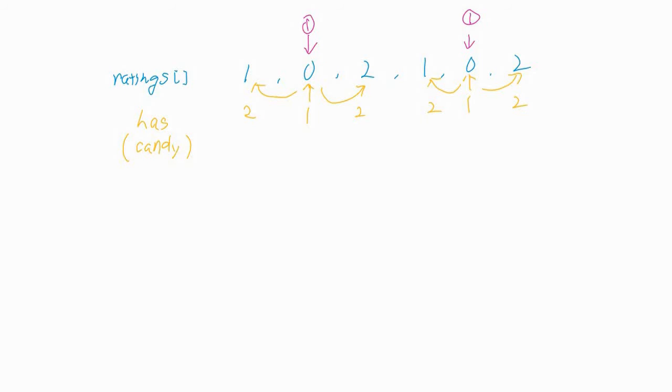So at the beginning, the 0 ratings will be queued as a starting point of the BFS algorithm. And when one is dequeued, we have to check its left side and right side. This is the basic concept to update the candy count while expanding the area. Let's simulate the BFS algorithm step by step to allocate candies.